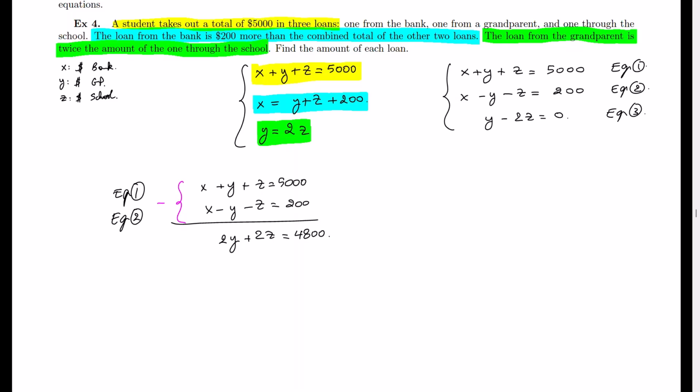And so this is going to be called equation 4. And as before, we'll leave it for a few seconds and we'll come back to it in a moment. But what's important to notice is that it doesn't have the letter x. So if I can find another equation or create another equation myself that doesn't have the letter x, then I'm basically good to go. And thankfully, in this problem, the third equation already came without the letter x.